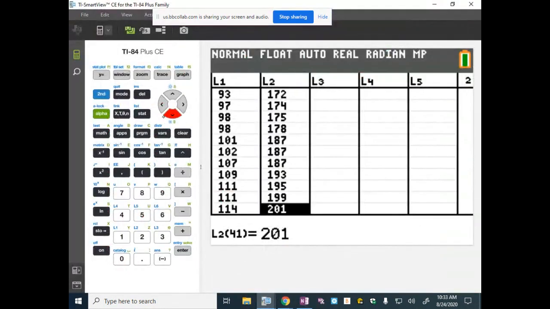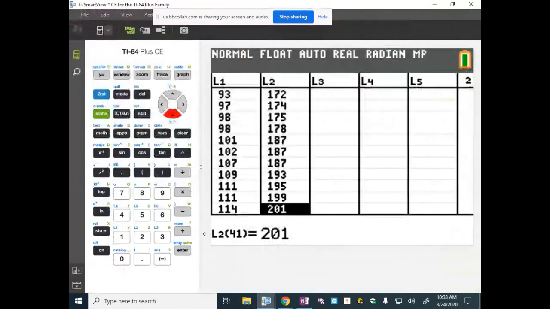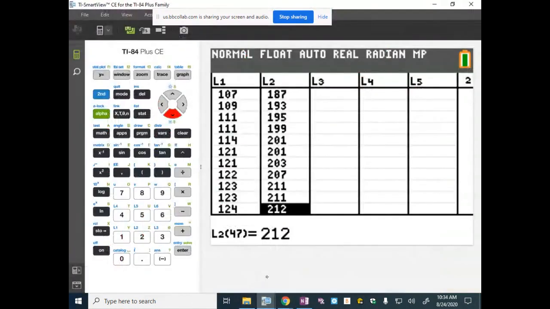Let's see, the 190s, 3, 5, 9. Let's see, in the 200s, we've got 2 1s, 3, and a 7. It's 2 7s.